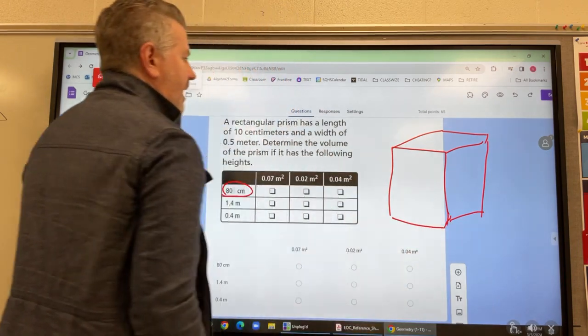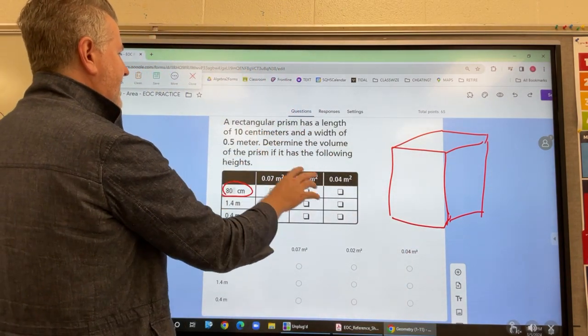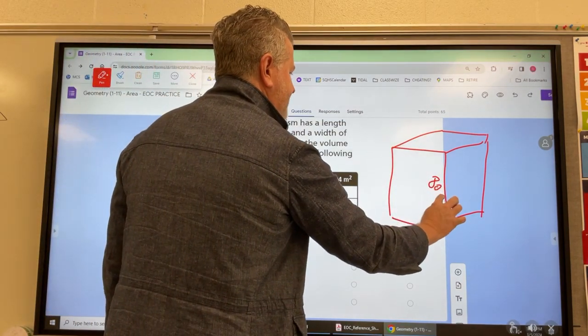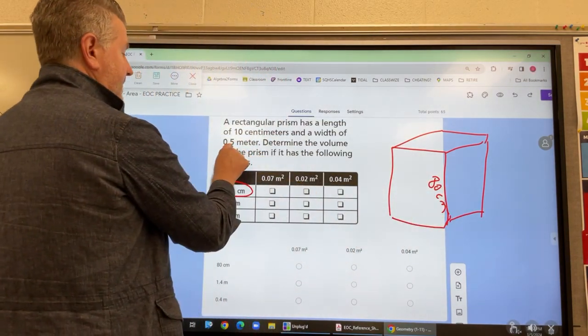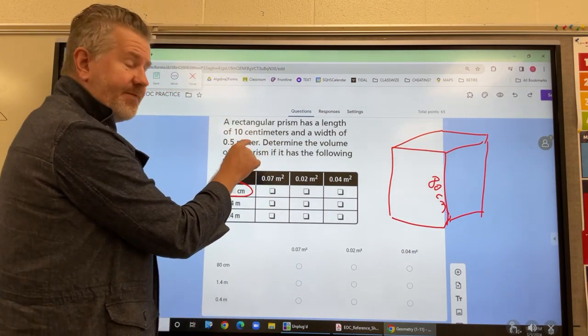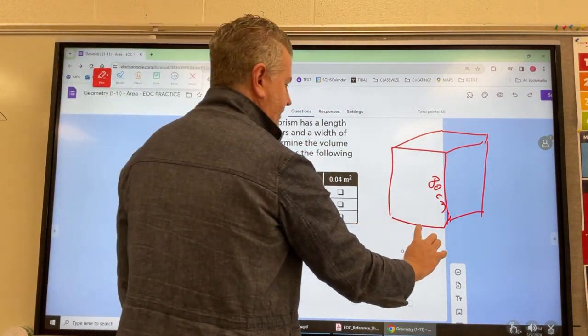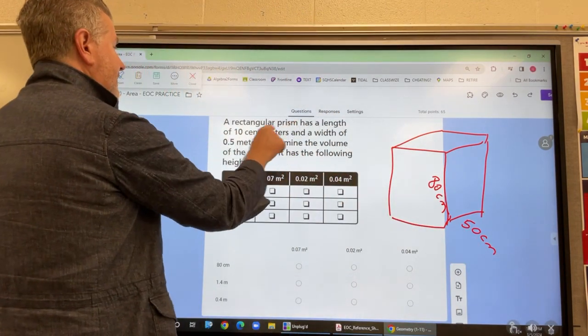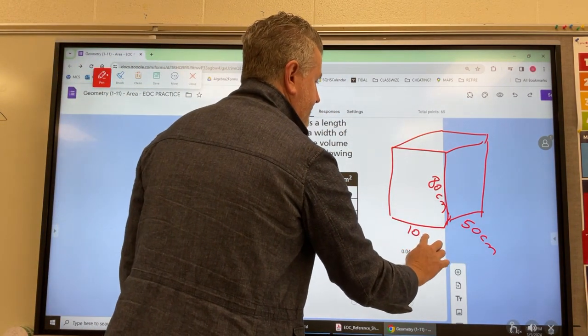So we've got a box here. A rectangular prism has a length of 10. We're going to give it the height of 80, and that's in centimeters, so we're going to convert everything else to centimeters. Half a meter is 50 centimeters. That's the width. And the length is 10 centimeters.